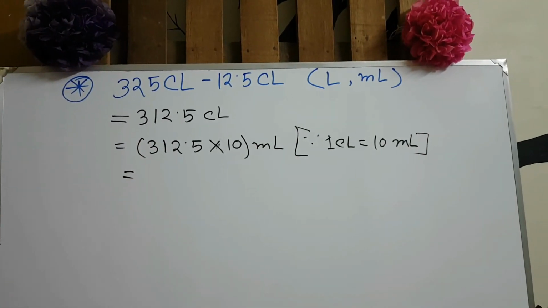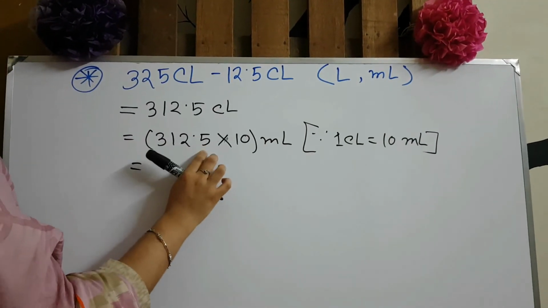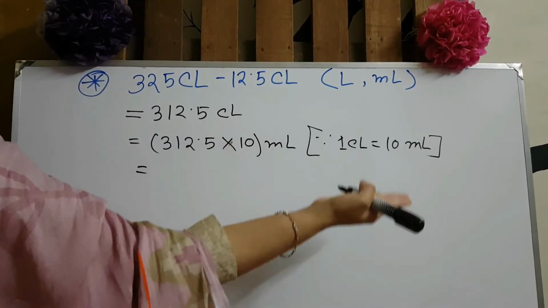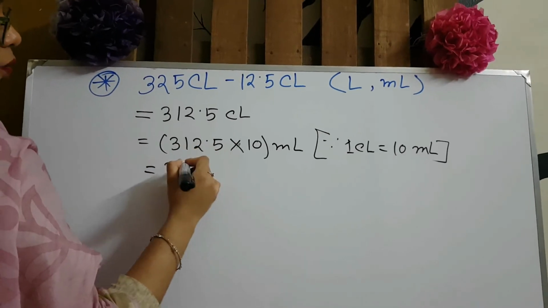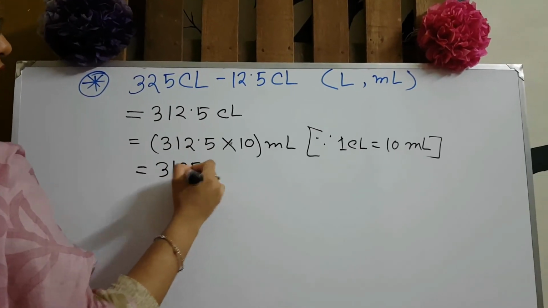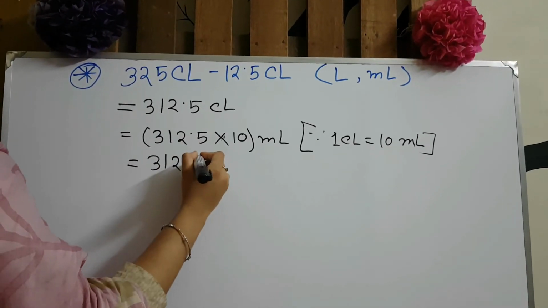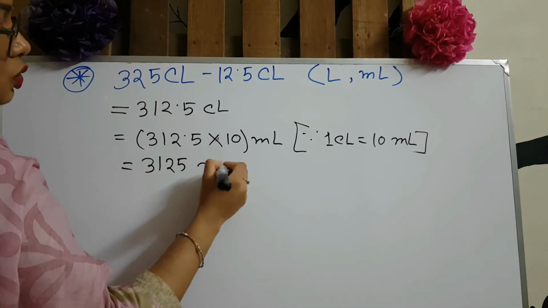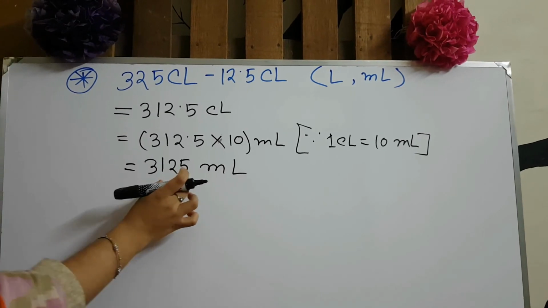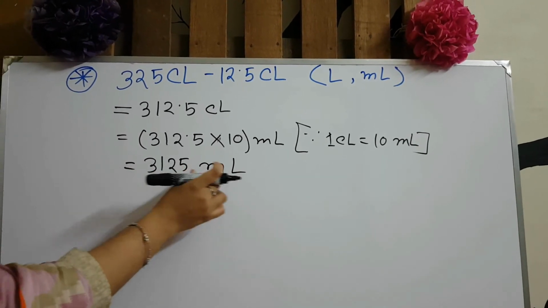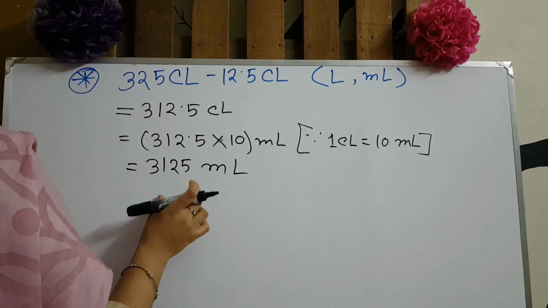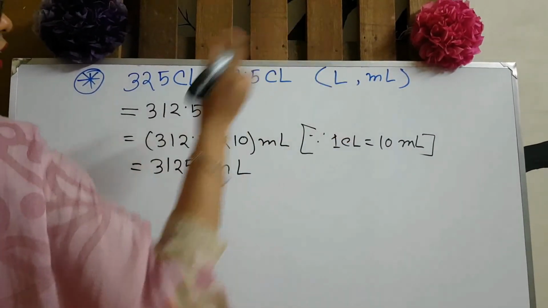Now if we multiply 312.5 by 10, the decimal point will move one digit right. So we get 3125, and we can drop the decimal point here. So 3125 milliliter. Now we have to convert it into liter.